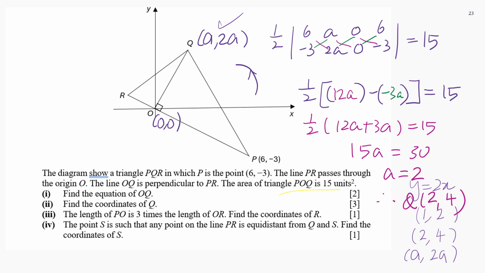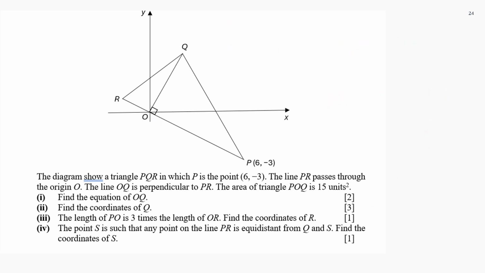Right, so let's look at part 3. In part 3, we're told that the length of OP is 3 times the length of OR. Right, so imagine that you have the point P. You would have to walk 3 units to the left and 3 units up to reach point O, right?